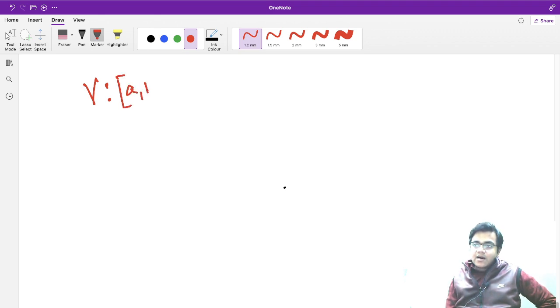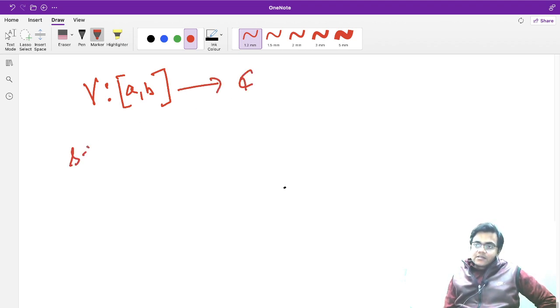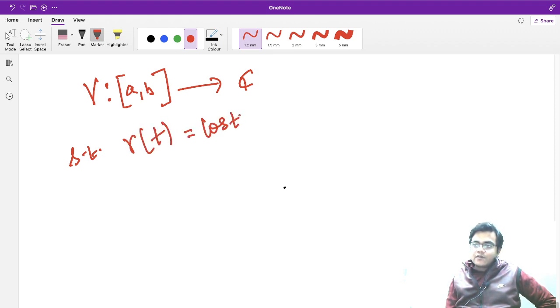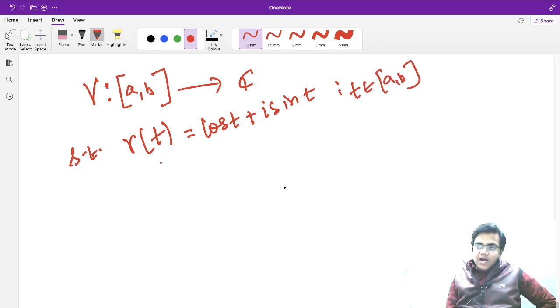If you have gamma from the closed and bounded interval [a, b] to C, such that gamma of t is equal to cos t plus iota sin t, and certainly t lies between a and b, then I am going to ask you about this curve one by one.